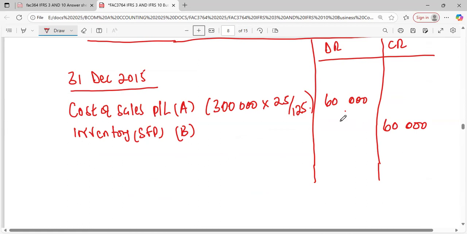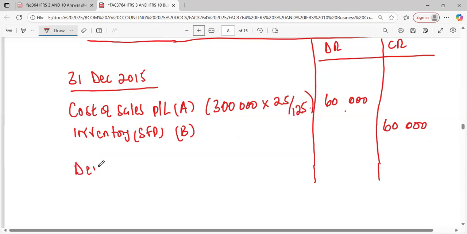Is the elimination of this 60,000 going to lead to a decrease in profit or an increase in profit? It means it's going to lead to a decrease in profit. So if there is a decrease in profit, then it also is going to decrease our tax.